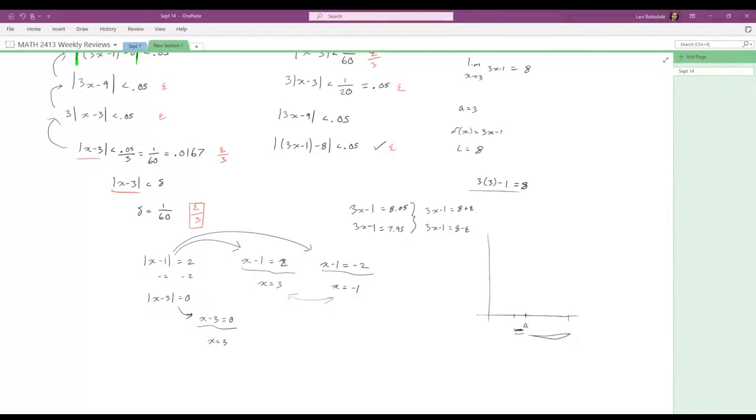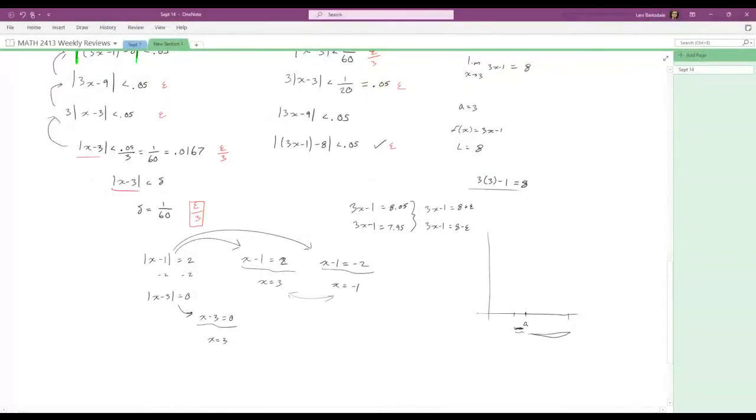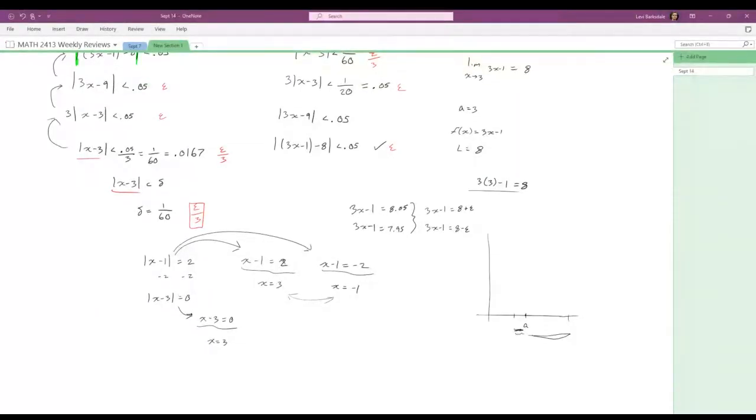So in general, if you have a question asking for the largest valid delta, and it's a linear function, you really don't need to worry that much about it. You just need to follow the same process we did here. And if it's a nonlinear function asking for the largest valid delta, I would reread the question, because you're probably reading it wrong.